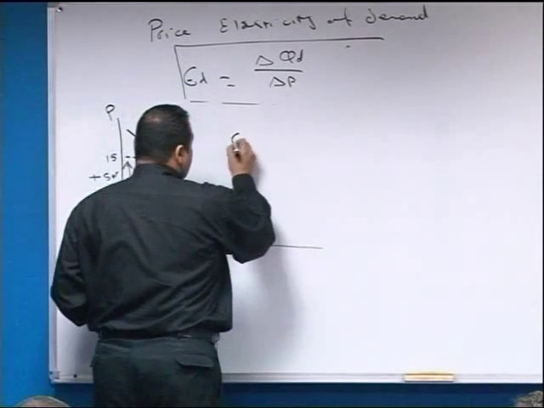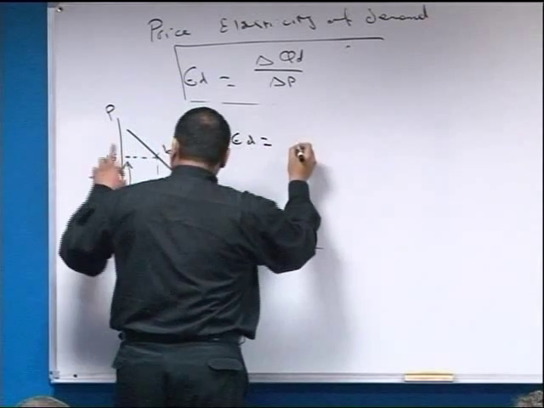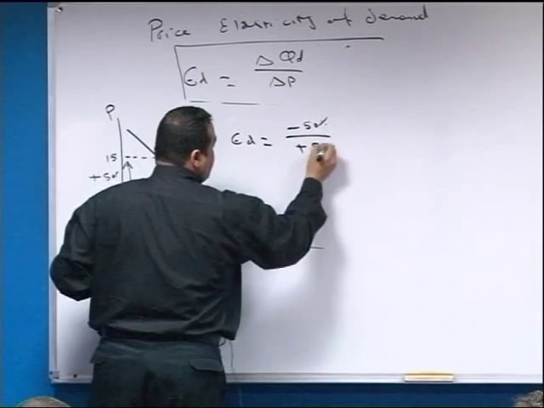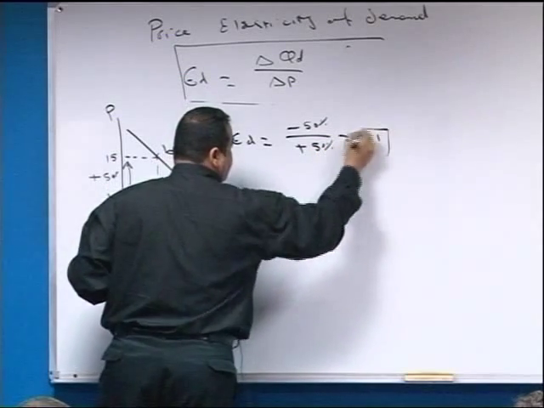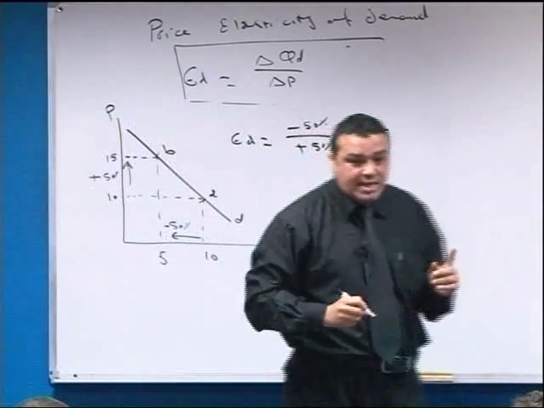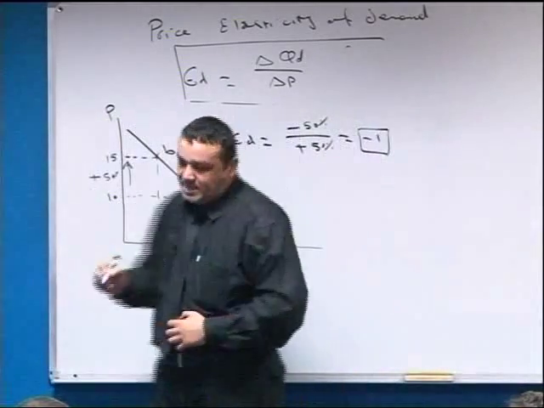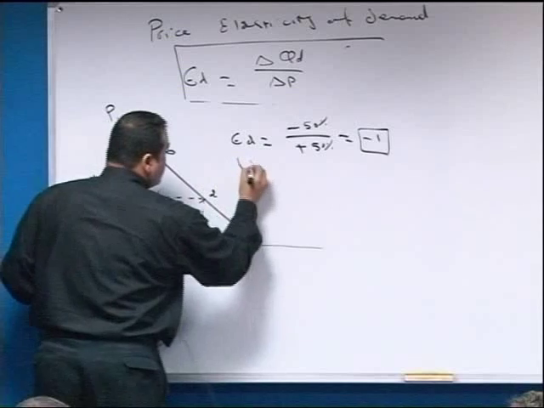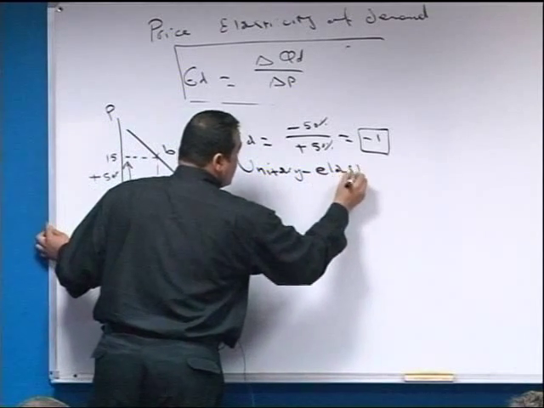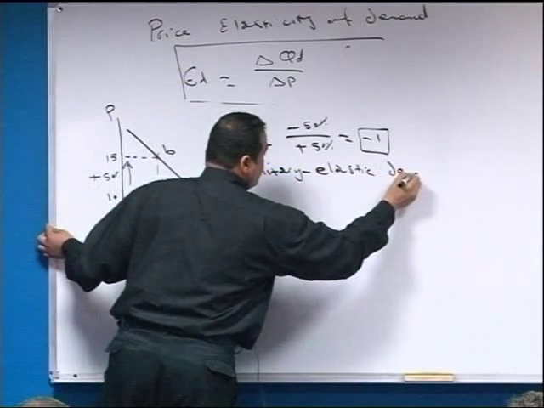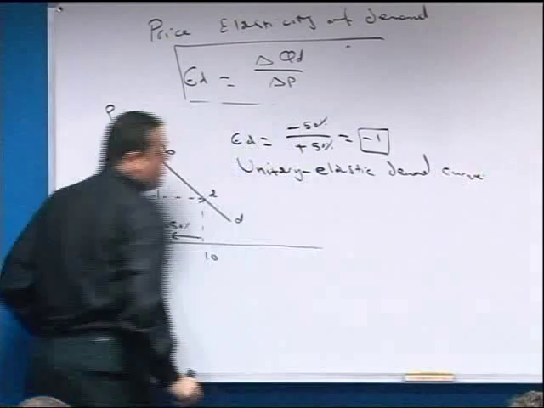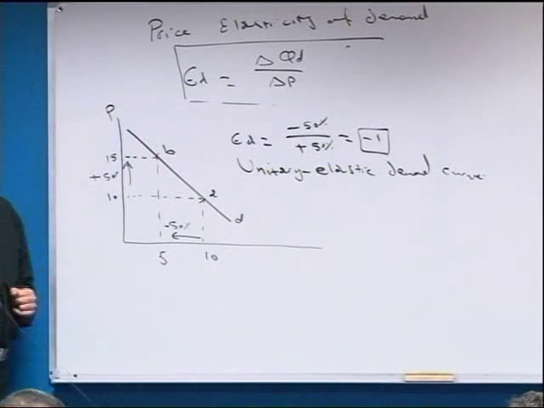So ED equals minus 50% over positive 50% equals minus 1. In this case, the demand is unitary elastic. What about the slope?